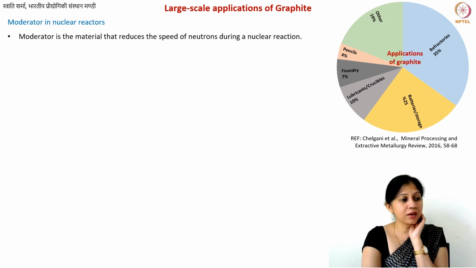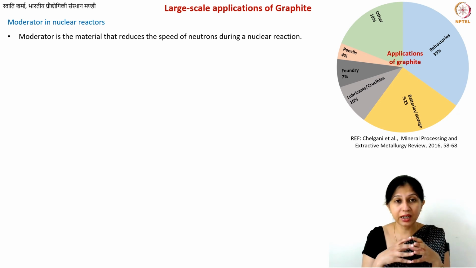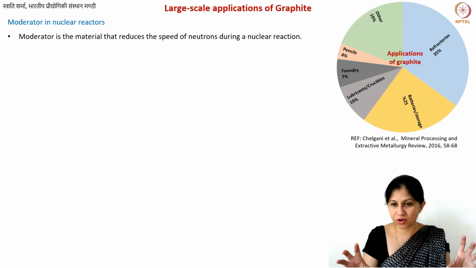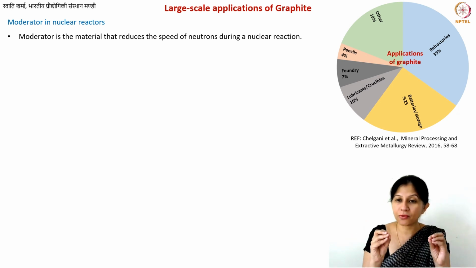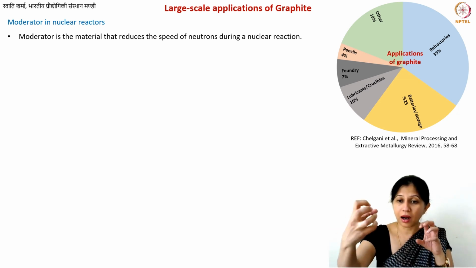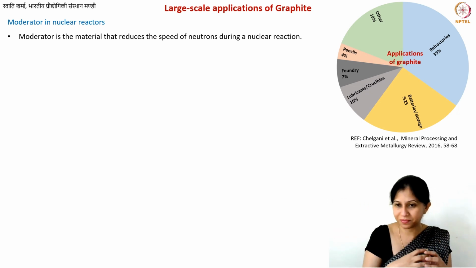When you have the nuclear chain reaction inside the reactor, you need to slow down the neutrons. There is a certain speed of neutrons that is optimum for the nuclear reaction. So moderator materials are materials which would absorb the neutrons, but not completely; they will slow them down.